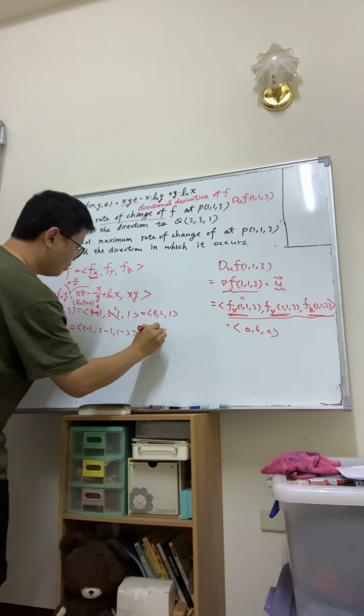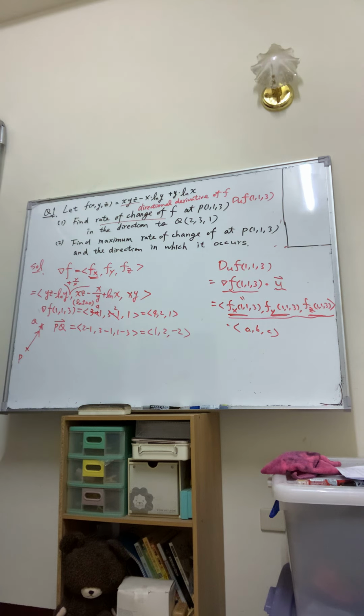So it's (1, 2, -2). But this vector, its length is not 1. It's not a unit vector, so we should divide by its length to make it a unit vector.